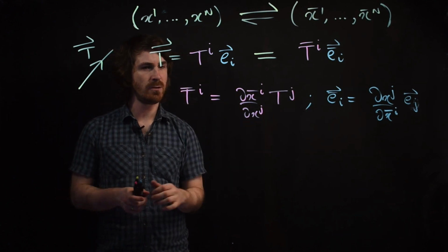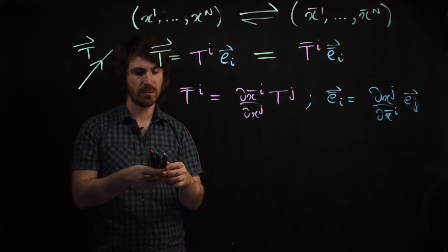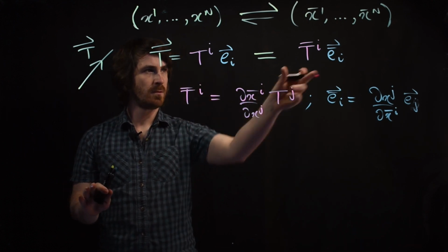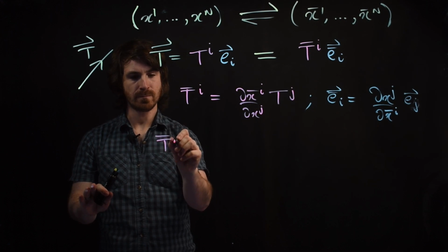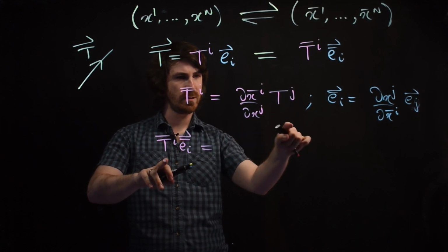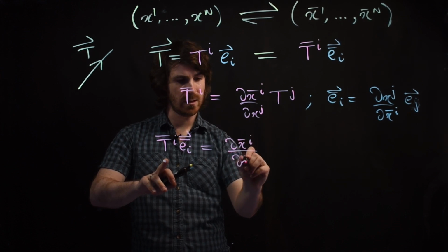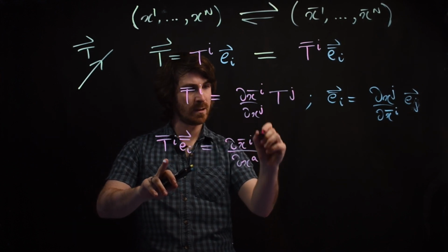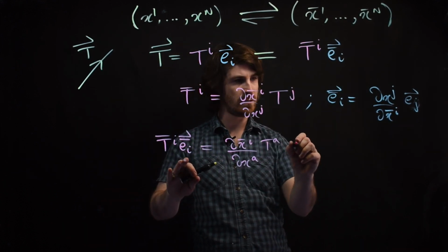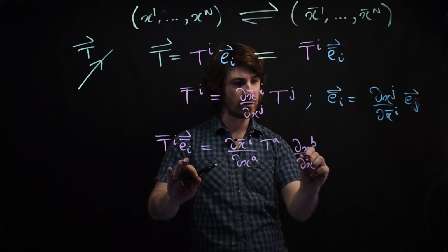If we put these two together and look at this equation, then we should see that this holds true. So if we consider T i bar times e i bar, this equals, so T i bar is dx bar i by dx a, T a, and e i bar is dx b by dx bar i, e b.